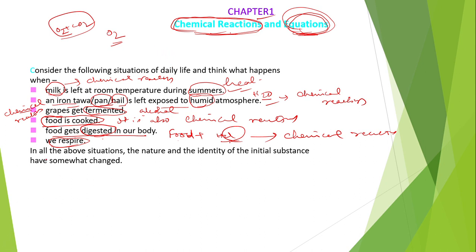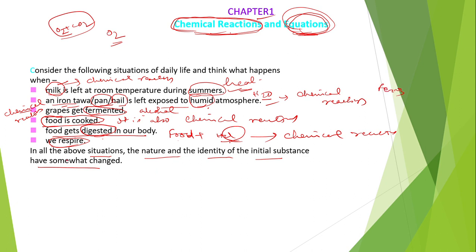So in all the above situations, the nature and the identity of the initial substance have somewhat changed. See here also, milk has changed to some other substance after exposure to heat. Same, an iron nail exposed to humid water, you will get rust, Fe2O3.